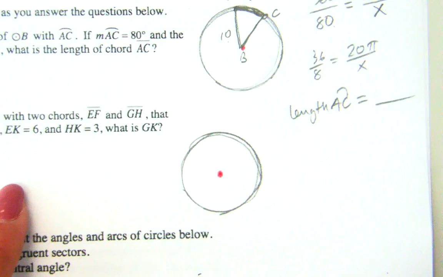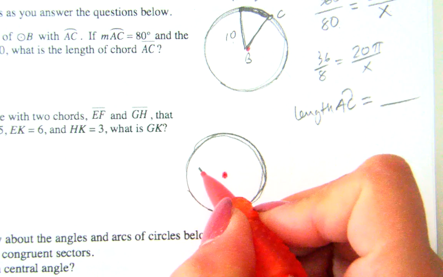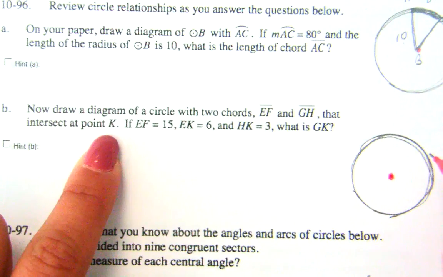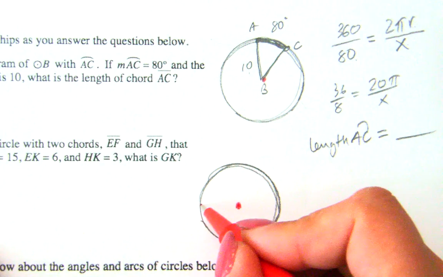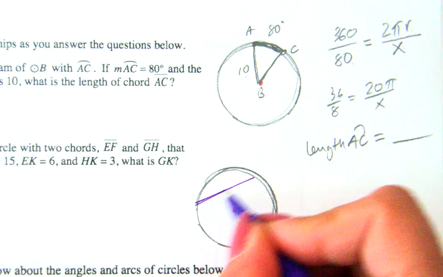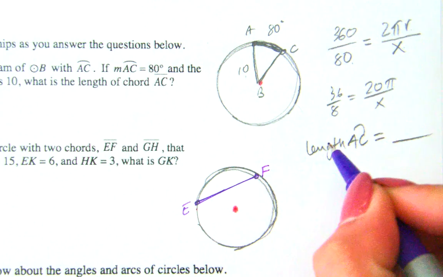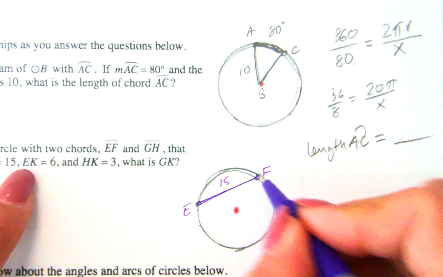Draw a diagram of the circle with 2 chords, EF and GH. Okay, so here we go. EF and GH that intersect at point K. It does not say that point K is in the middle, so please don't make that assumption. So here's chord EF. Actually, I should do this in a different color. Here's chord EF, E to F. And it says EF is 15, so the whole thing is going to be 15.